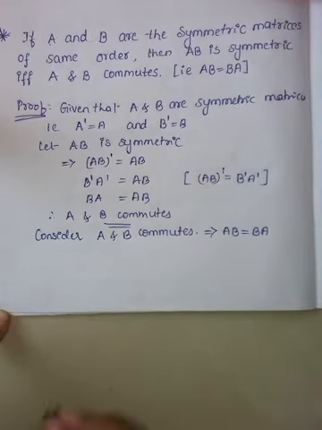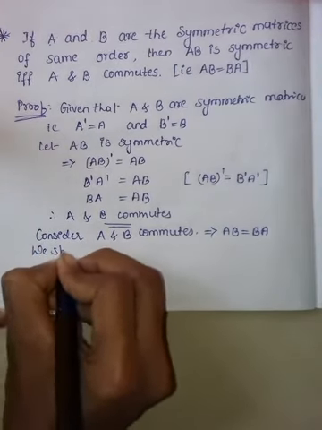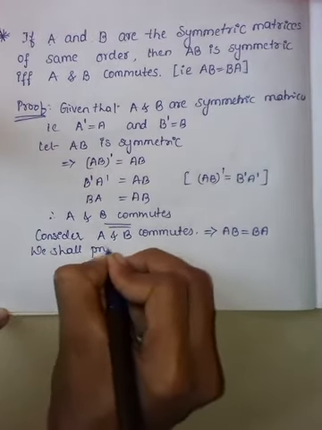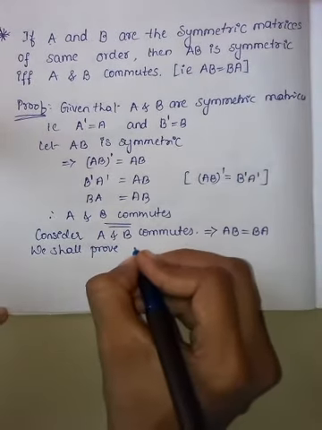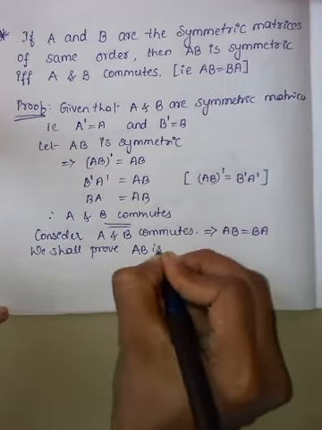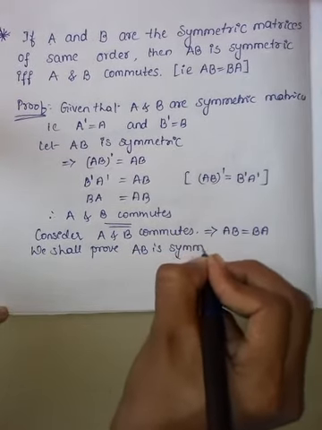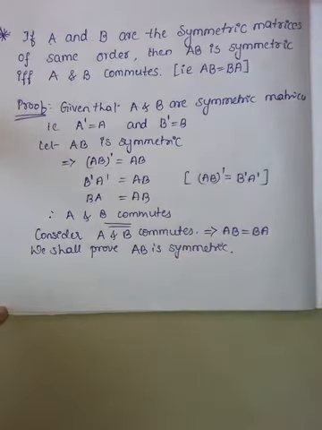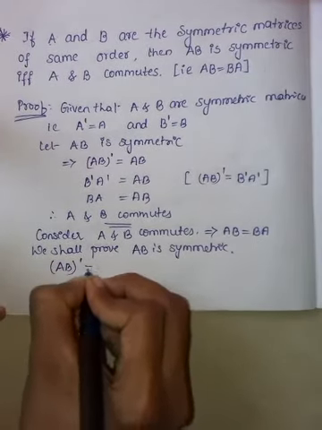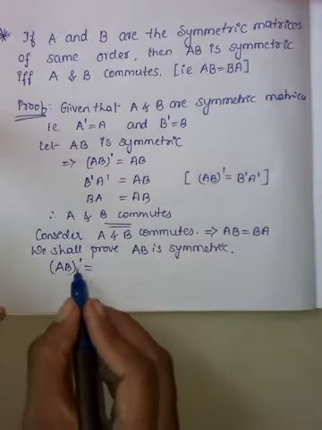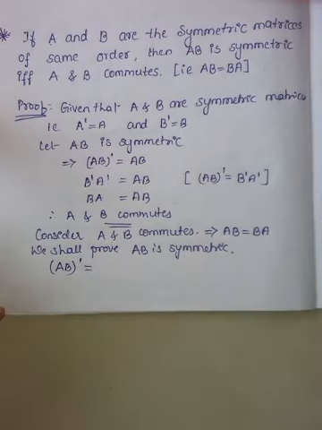We shall prove AB is a symmetric matrix. Symmetric means we have to prove (AB) whole transpose equals AB.